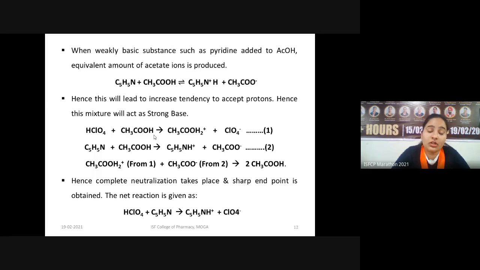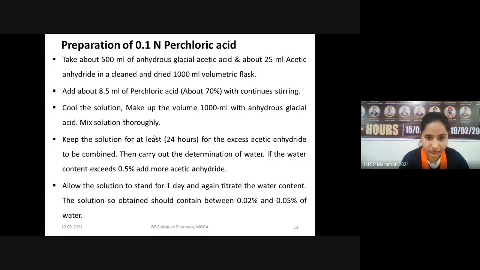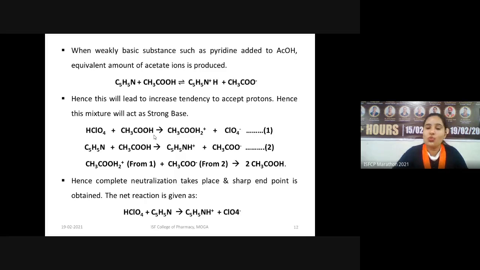Here glacial acetic acid is acting as a solvent, and it has helped to complete the reaction, to complete the neutralization reaction. Now, this was the main theory behind the titration, that was acidimetry titration.